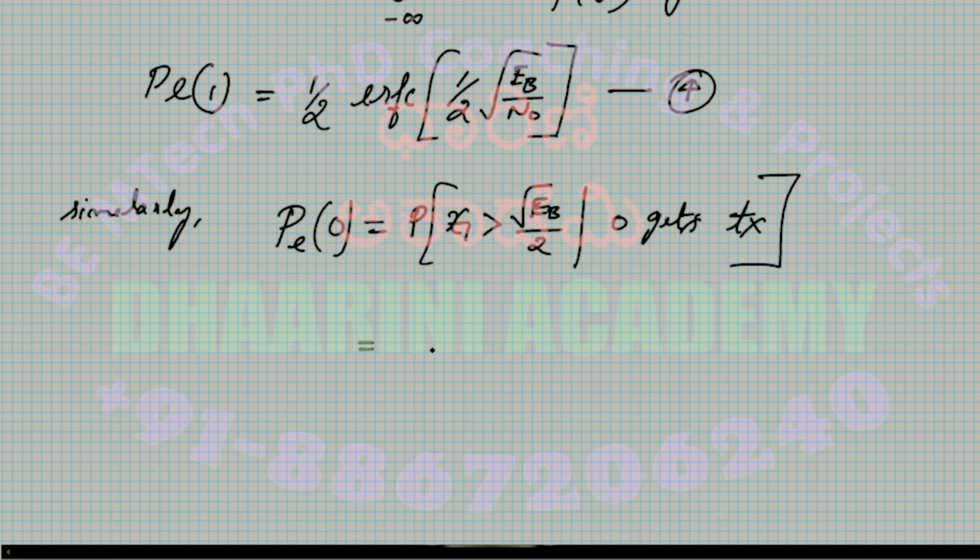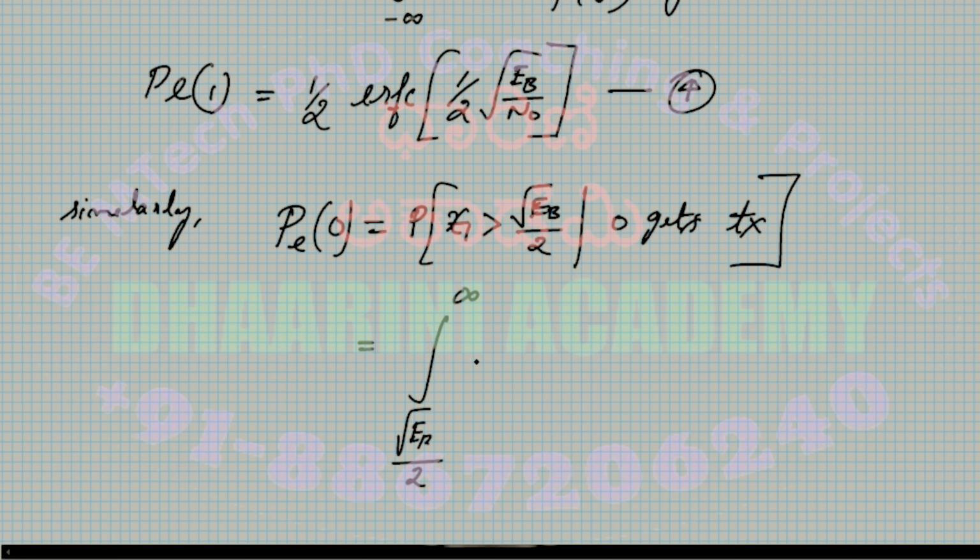So it's the same. I know what the PDF is. I need to integrate the PDF in an appropriate region to get the probability. So where do you integrate? Integration from root of Eb divided by 2 to infinity. Is it okay? Which function do you use?